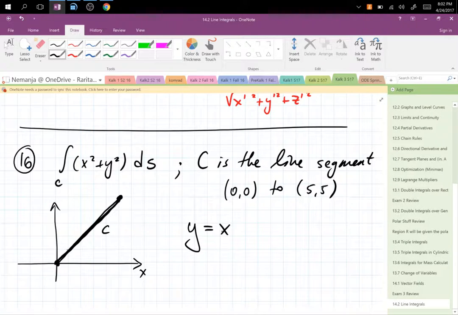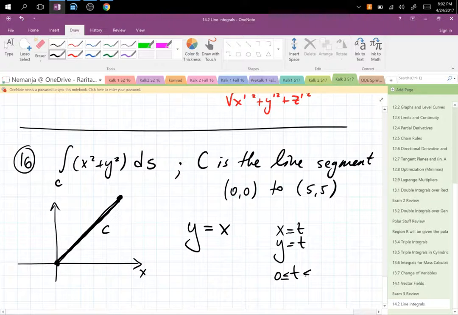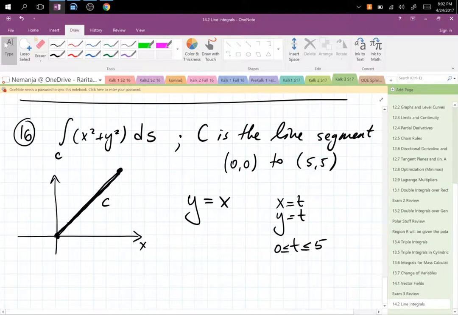So it should be very easy to parametrize this if you say that x is equal to t, and then y is equal to t as well, and the t has to go from 0 to 5. So you see that they're both going to take on the values between 0 and 5.